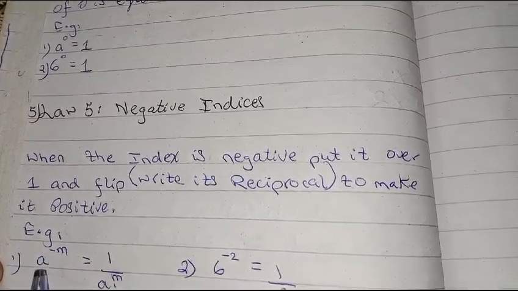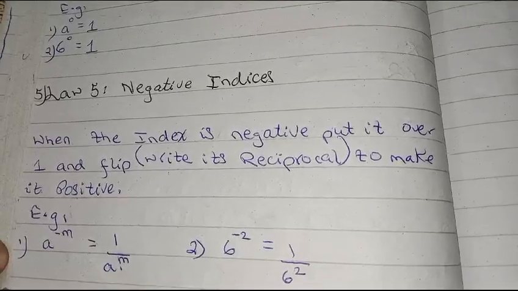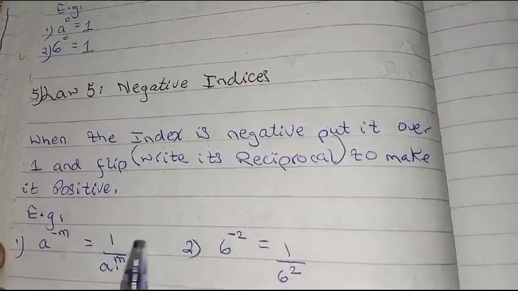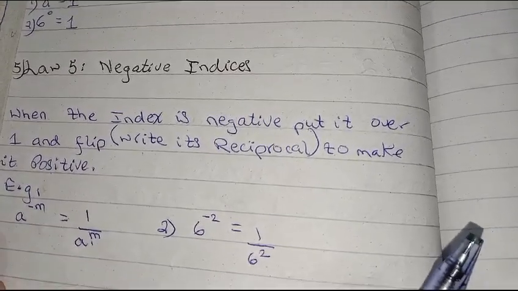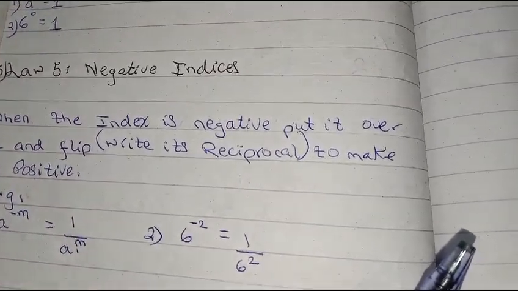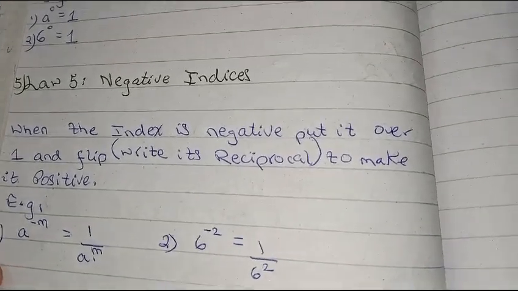When a power is negative and we take the reciprocal, 1/a^m will be our answer, because we always have to change the negative power into positive.